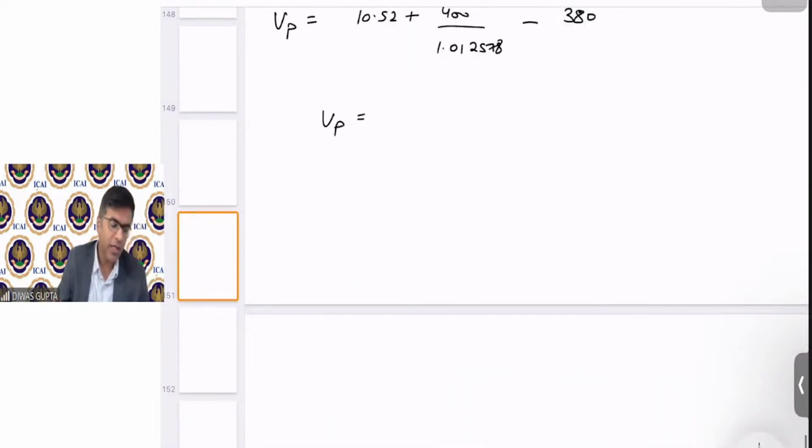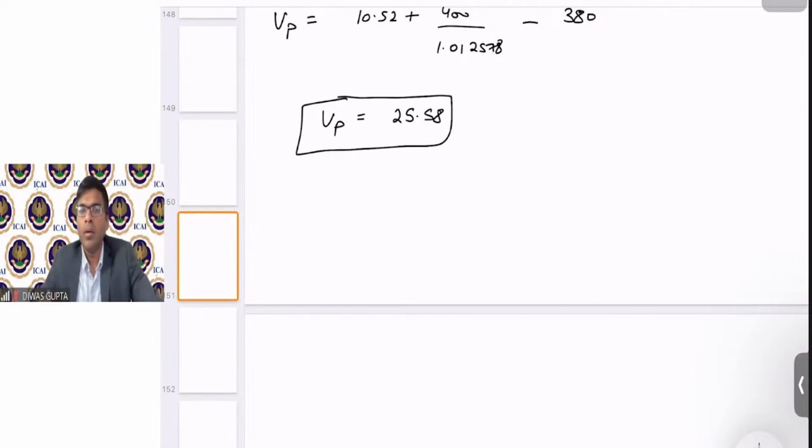Value of put becomes 25.58. Okay, students. So the value of put, it becomes 25.58. Just a second, students.